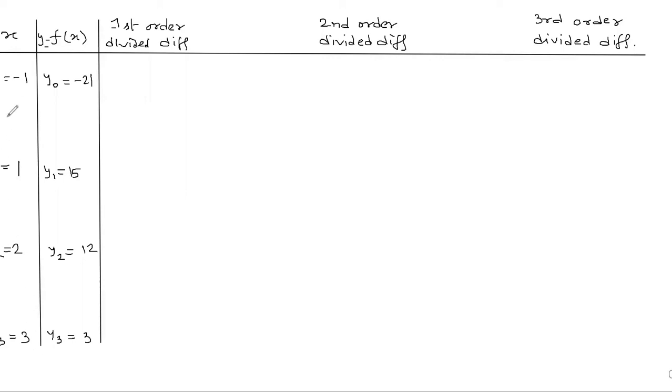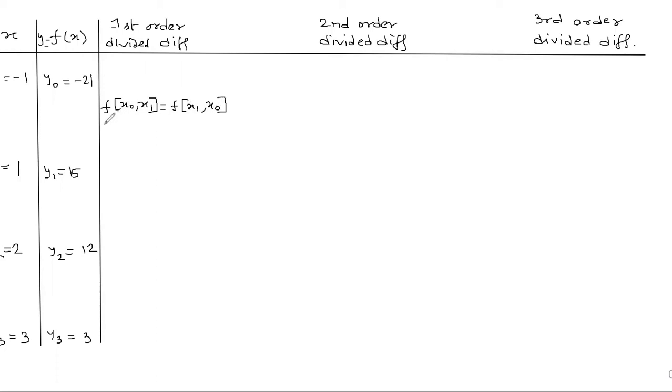So there are 4 arguments x0, x1, x2 and x3, and the corresponding values of the function f(x) are y0, y1, y2 and y3. In the first column, we'll evaluate all possible first order divided differences. So f of x0, x1 is the first order divided difference with respect to x0, x1, which is also the same as f of x1, x0.